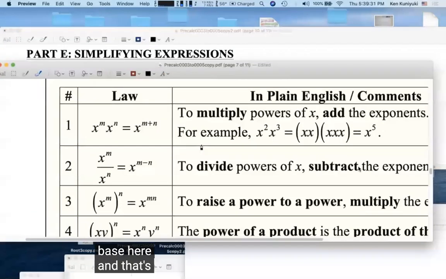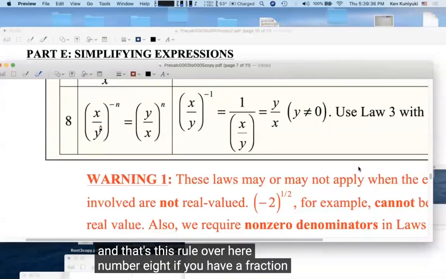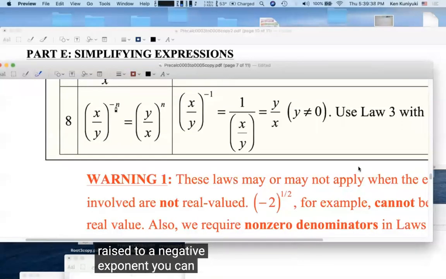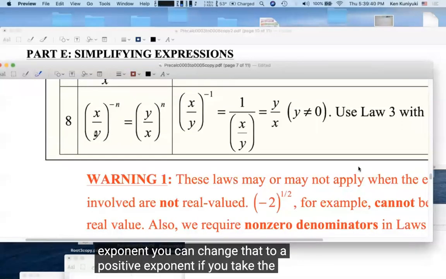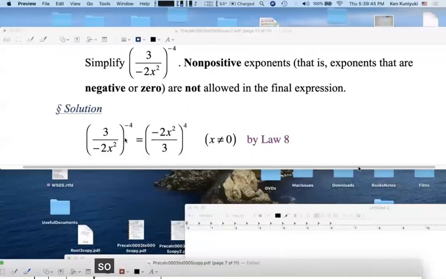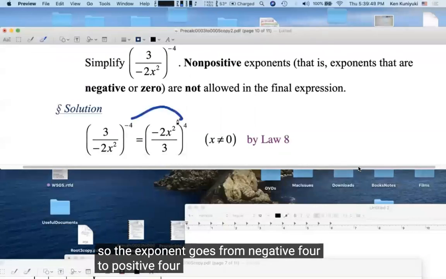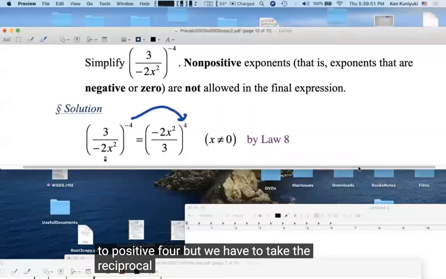And that's this rule over here, number 8. If you have a fraction raised to a negative exponent, you can change that to a positive exponent if you take the reciprocal of the base. So the exponent goes from negative 4 to positive 4.